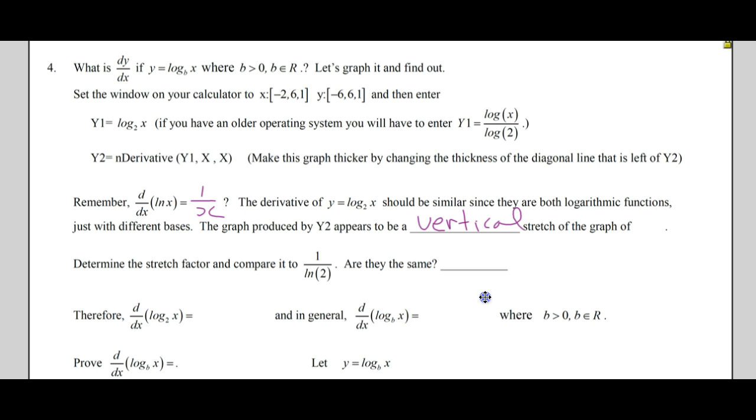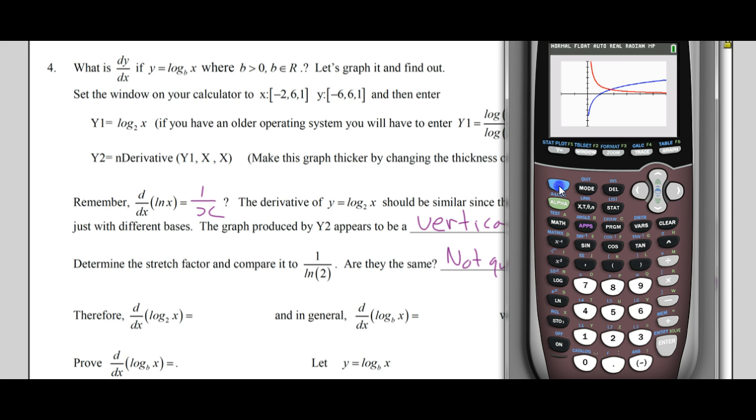I left this blank when I was looking through it because it just didn't look right. So you're saying it's 1 over 2 ln 2. Are they the same? Not quite. 1 divided by 2 ln 2 is 0.72.